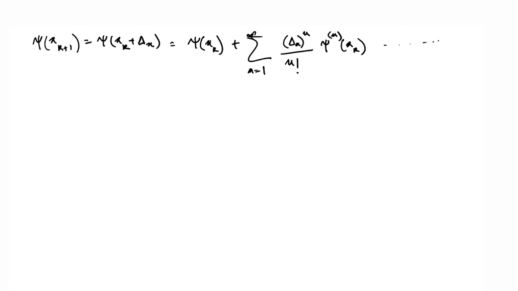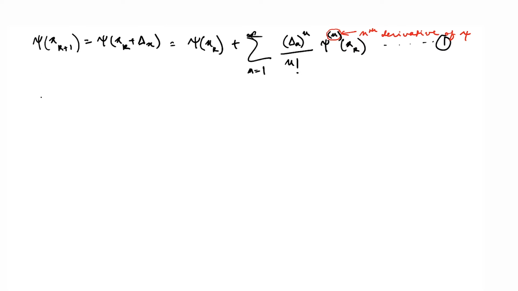I call this equation 1. Just note one thing: when I write in this fashion, this means the nth derivative and not psi to the power n. I just wanted to make it clear so that there is no confusion later.